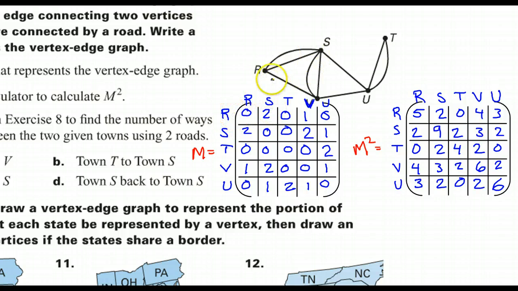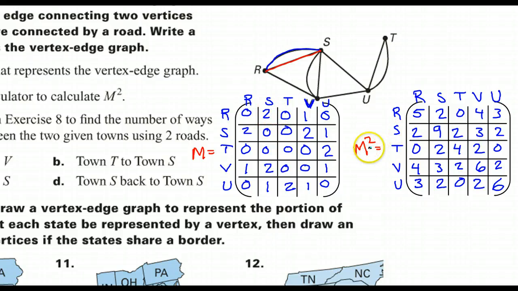Okay, so if I want to get from R to S, if I'm just using one path, then boom, I could go that way, that would be 1, or I could go this way, and that would be another. Okay, so those are your two options, that's why there's 2.